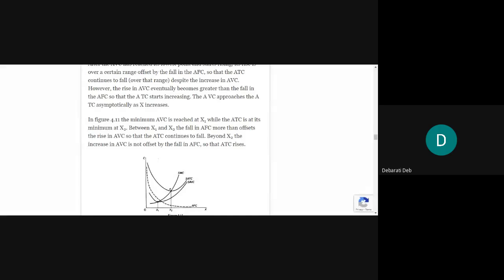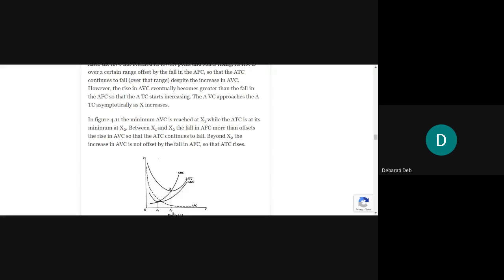So in this figure, the minimum AVC is reached at x1, while the ATC is at its minimum at x2. Between x1 and x2, the fall in AFC more than offsets the rise in AVC, so that the ATC continues to fall.